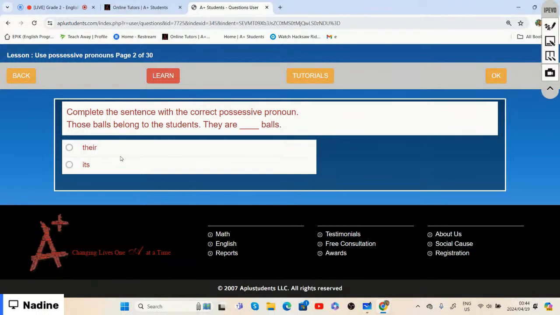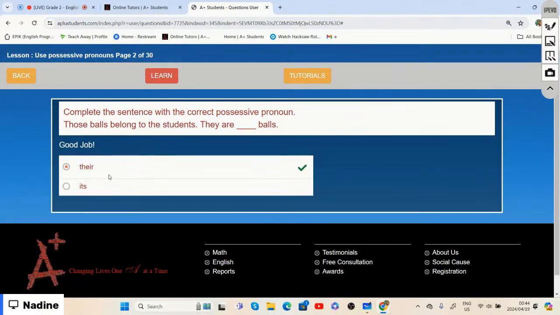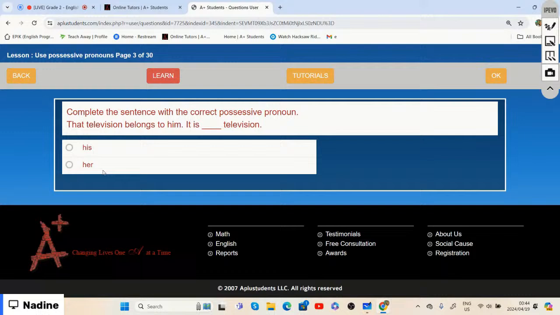All right. And if we choose the correct one, we will say it is their. Yes, well done. Their is correct, which means that it belongs to the students.